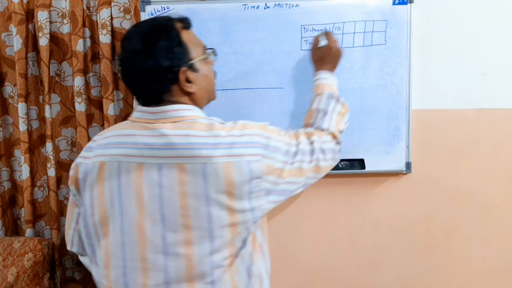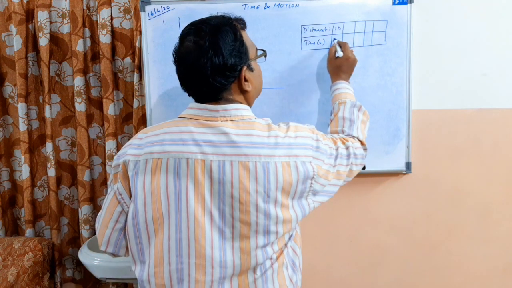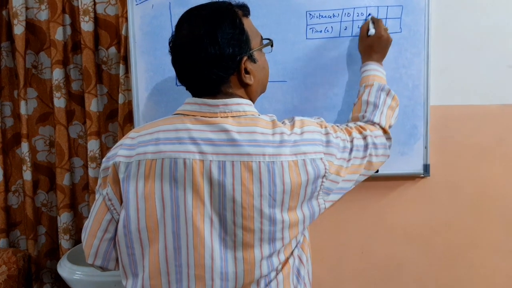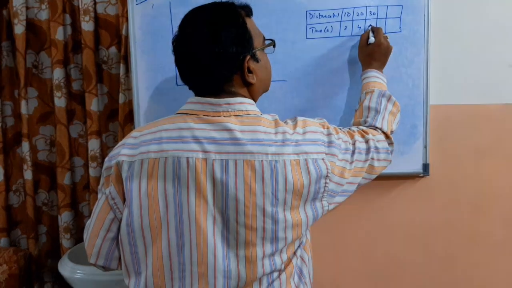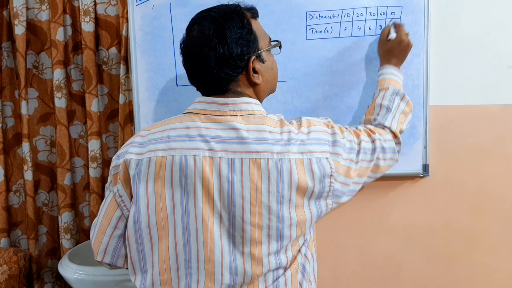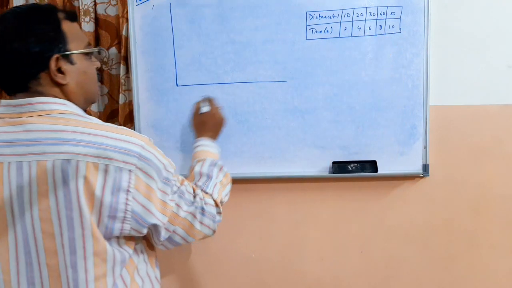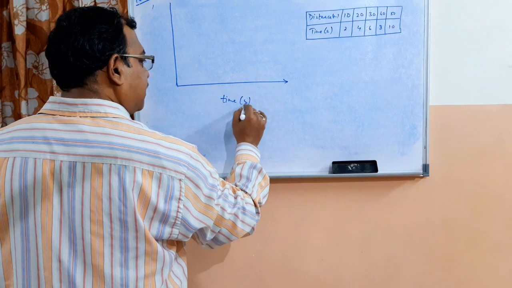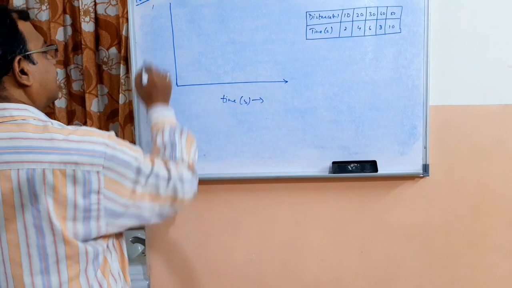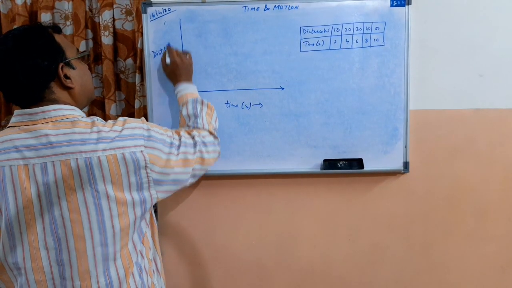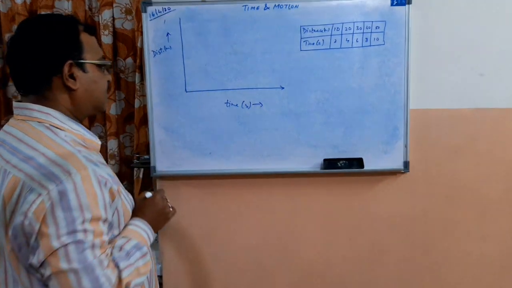Supposing 10 meter distance is travelled in 2 seconds, 20 meter distance in 4 seconds, 30 meter distance in 6 seconds, 40 meter distance in 8 seconds, 50 meter distance in 10 seconds. So time in second is taken in the x-axis and distance in meter is taken in y-axis.